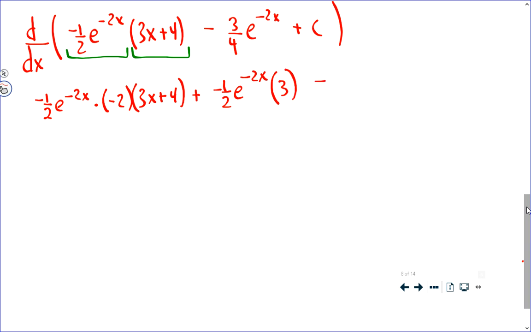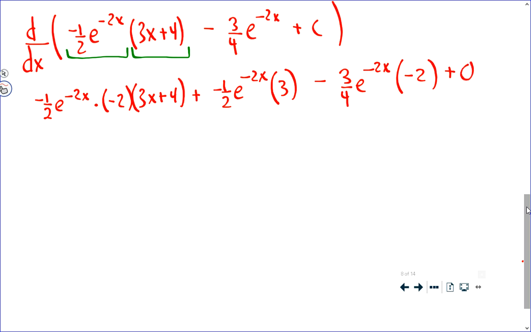Then minus, I still have to differentiate 3/4 e to the negative 2x, which would be 3/4 e to the negative 2x multiplied by the derivative of the argument, which is -2, plus the derivative of the constant, which is 0.